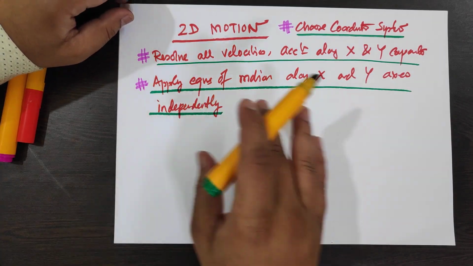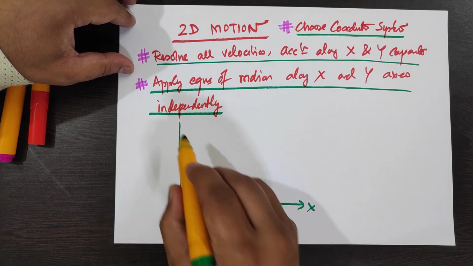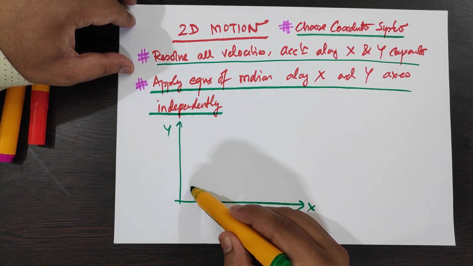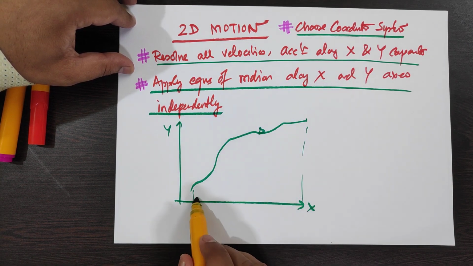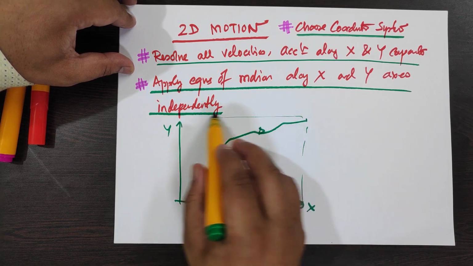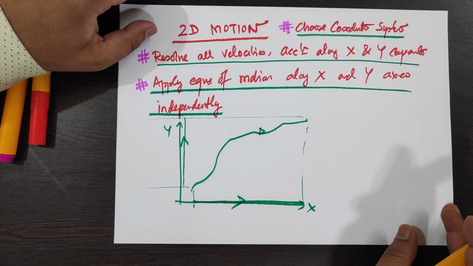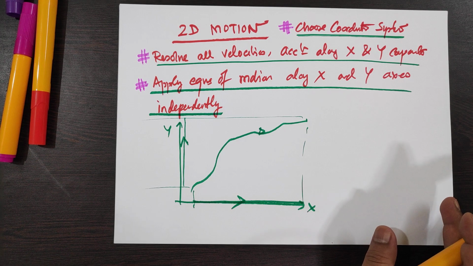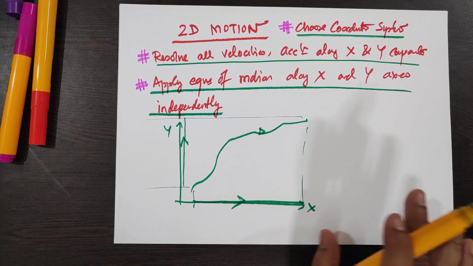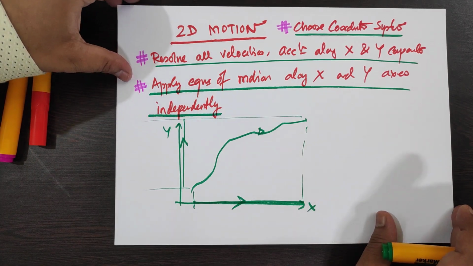Again, the particle is moving in this path like this, and you can split this into two 1D motions. If you know how to solve problems in 1D motion, it's like solving two problems. So a problem in 2D motion is like two problems in 1D motion. That's it. It's very simple.